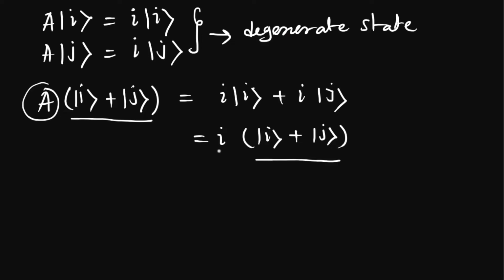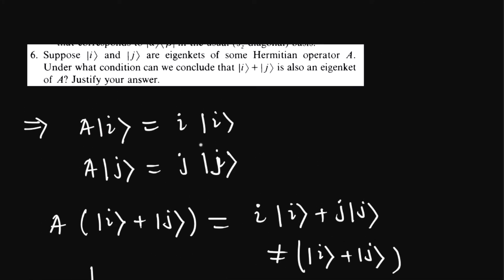That means if |i> and |j> are degenerate eigenstates of the operator A, then |i> + |j> becomes an eigenstate of the operator A. Otherwise, |i> + |j> is not an eigenstate of the operator A.